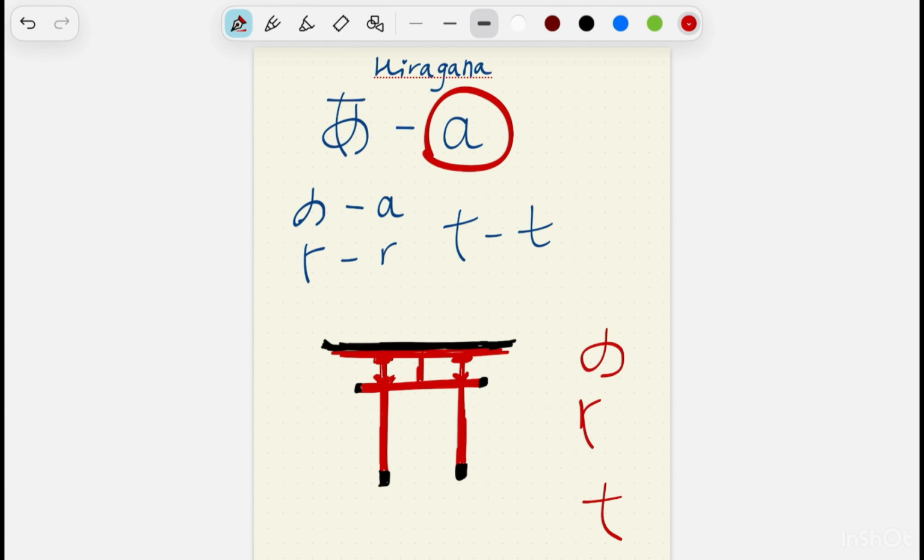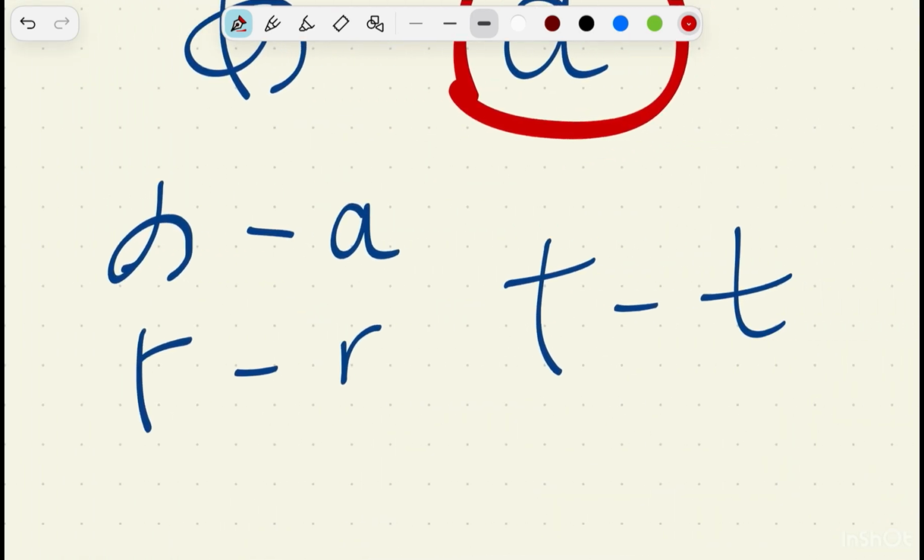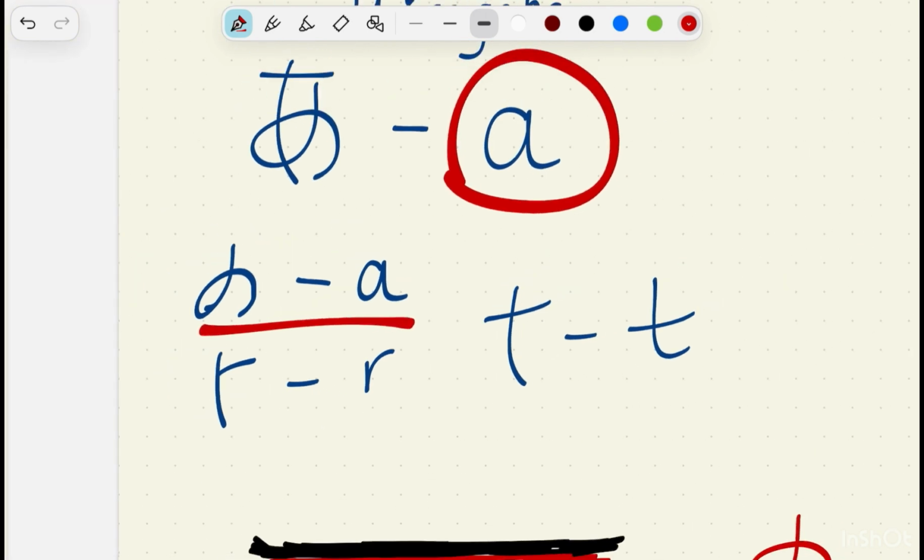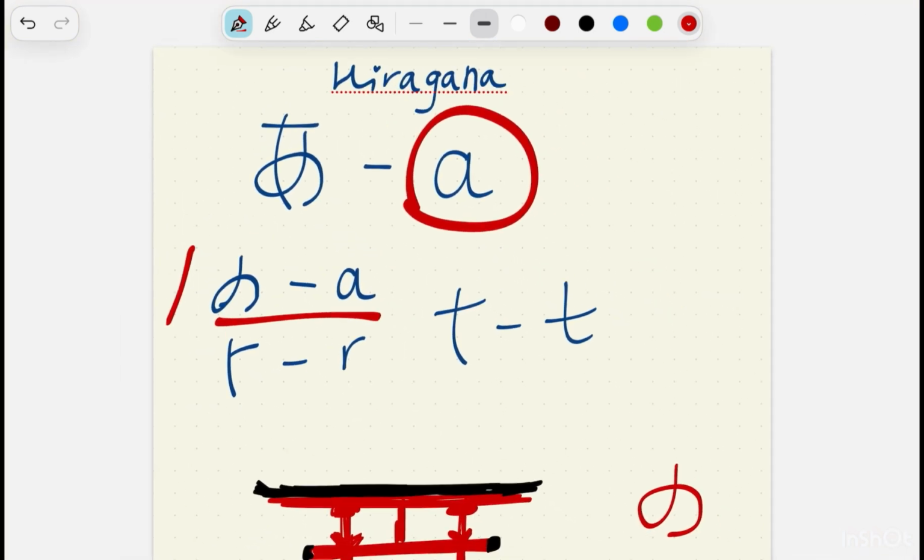So I decided to learn this letter by dividing it into 3 parts. The first part looks like A, right? For me it looks like just the English letter A.